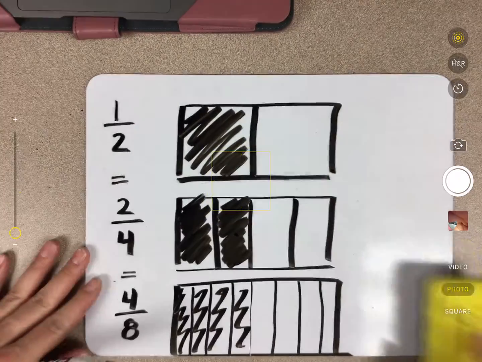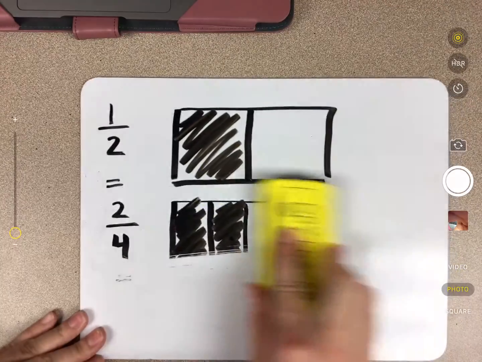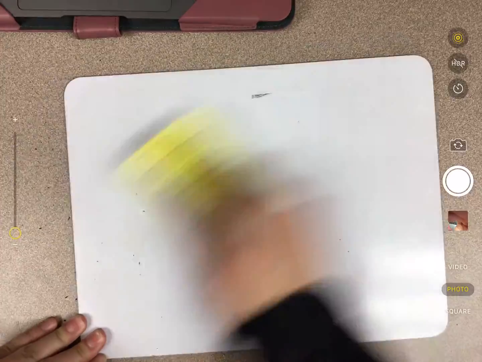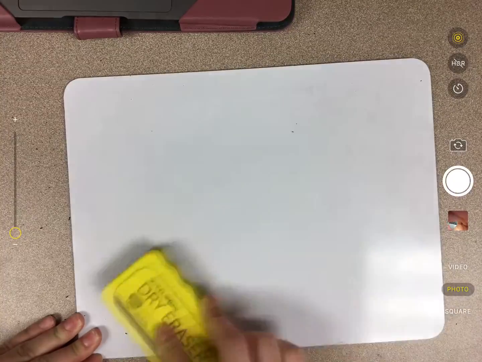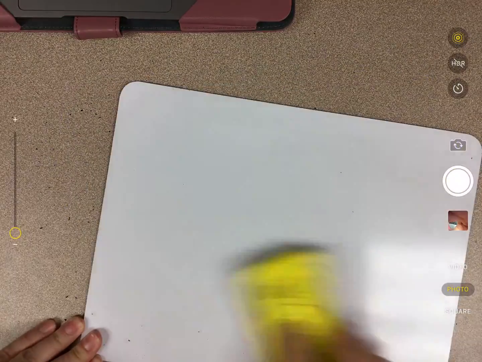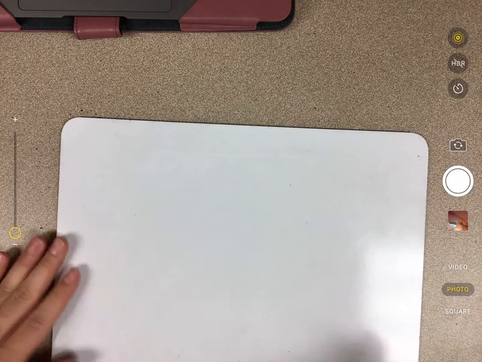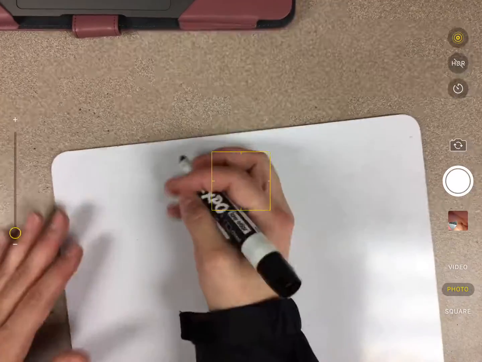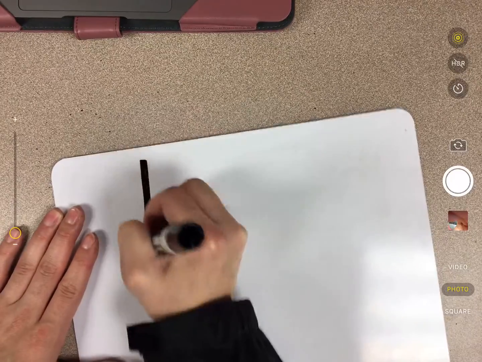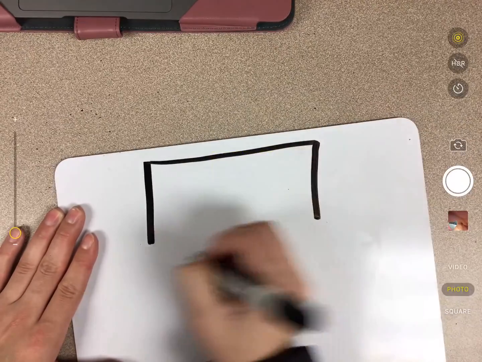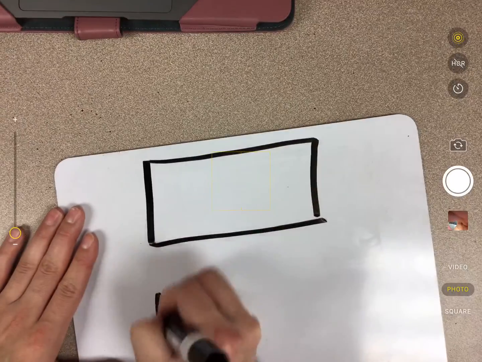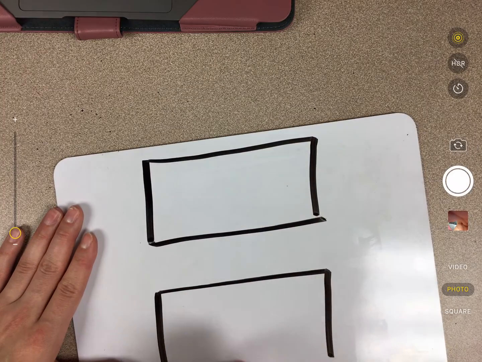Now I want you to erase your board. Make sure you get everything off there. And I want you to draw 2 more rectangles, just like this, on top of each other. Try your very best to make them the same size.